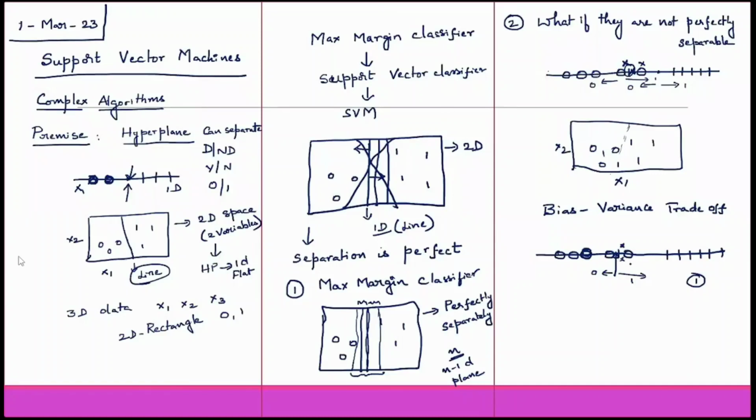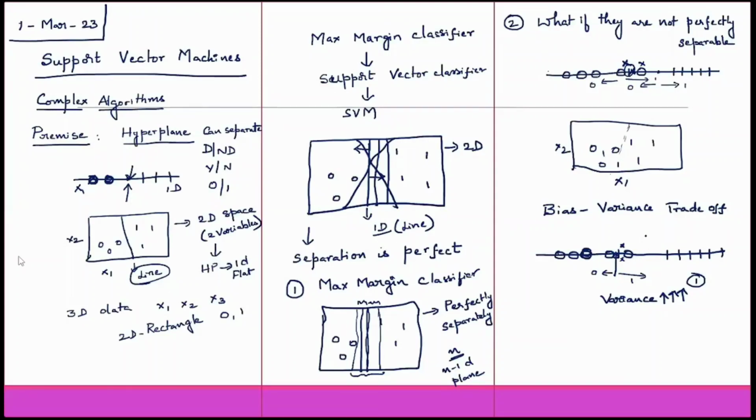It would not be classified as 0. Which means in this case, the variance is getting increased. Whatever we are predicting on our test data is actually a kind of a mistake, because we have put our classifier here.